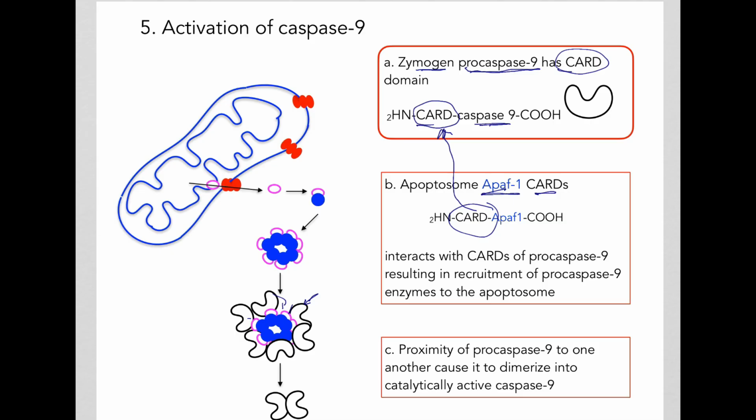So once several pro-caspase 9 molecules come to the apoptosome, their proximity to one another will force them to form dimers, and then they will cleave themselves to form active caspase 9.